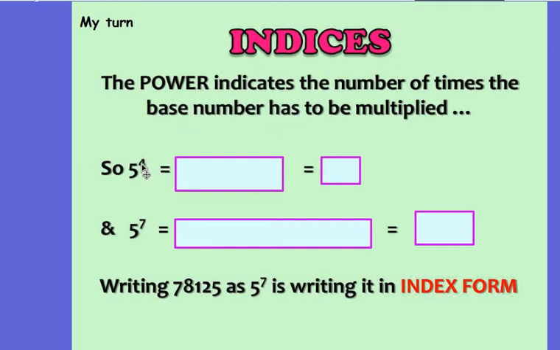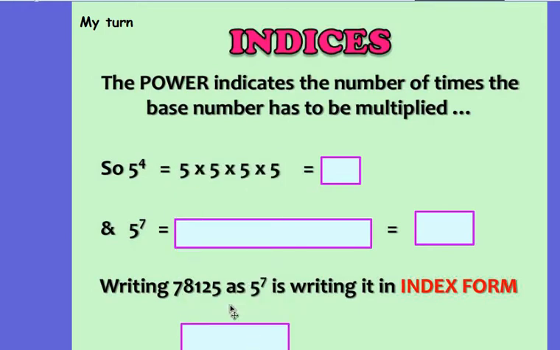So the power, this little number, indicates the number of times the base number has to be multiplied. So Rowan, how many times do I need to multiply 5 for 5 to the power 4? Exactly, I need to do 5 times 5 times 5 times 5, so 5 is multiplied 4 times. And if I evaluate that, 5 times 5 gives me 25, times 5 gives me 125, times 5 gives me 625.